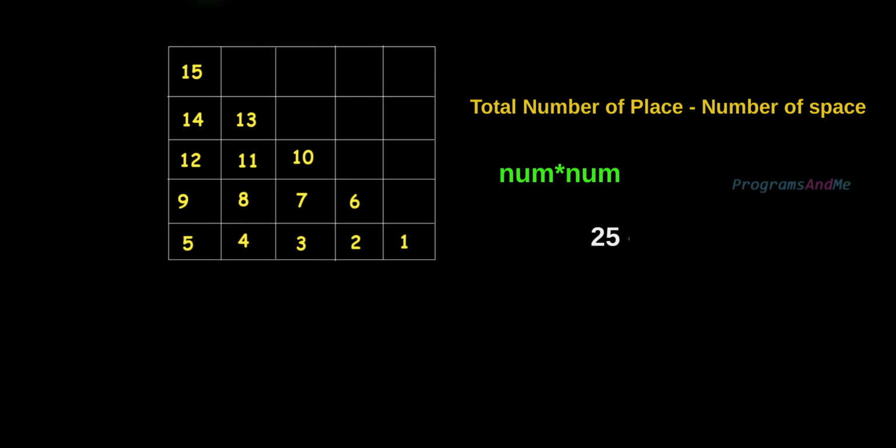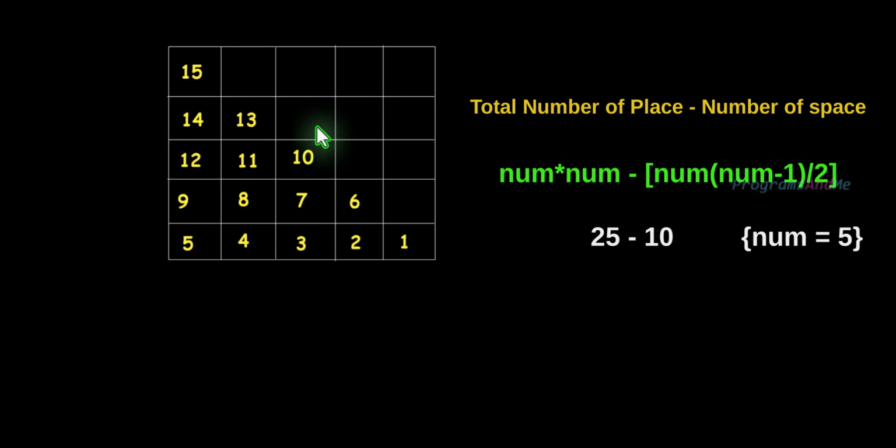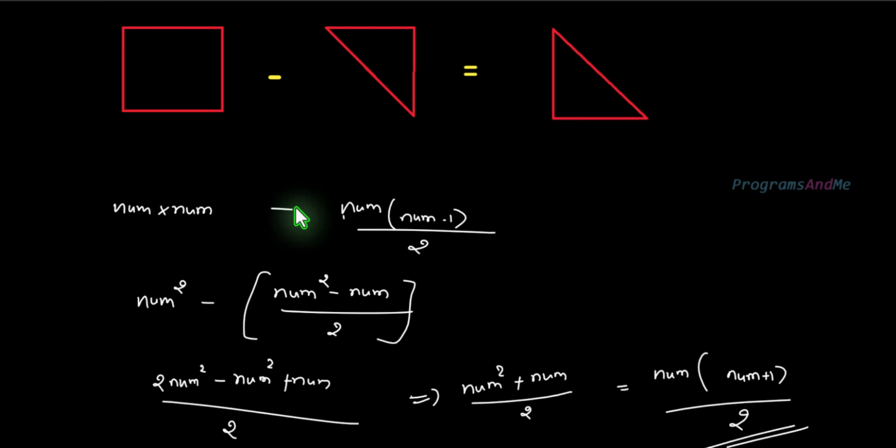When number of rows is 5, number of columns is 5. So 5 into 5, 1, 2, 3, 4, 5, 6, 7, 8, 9, 10, 11, 12, 13, 14, 15, 16, 17, 18, 19, 20, 21, 22, 23, 24, 25. Total 25. Then spaces. Here 1, 2, 3, 4, 5, 6, 7, 8, 9, 10. So total 10. 25 minus 10 will get 15. That is the first number in this pattern. So that's what we did here. Okay.